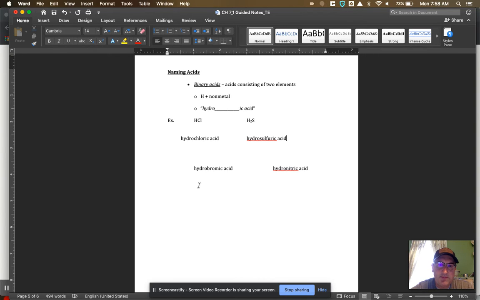Now, going in the opposite direction, from name to formula, anytime you see the word acid, H plus is always going to be your positive ion, even when we do the oxyacids or the acids with a polyatomic ion.